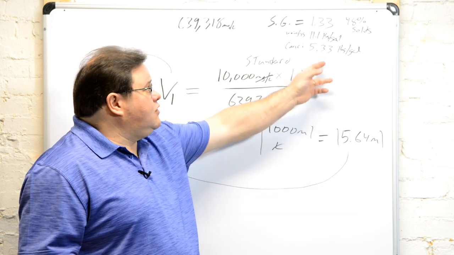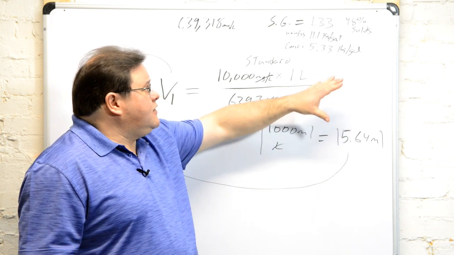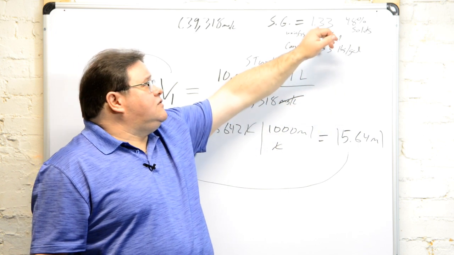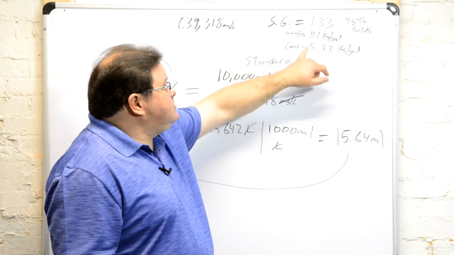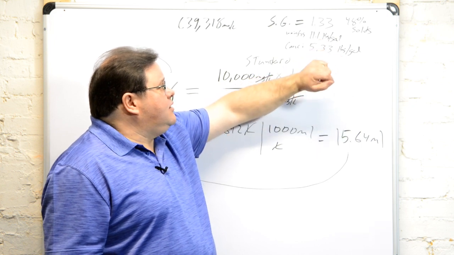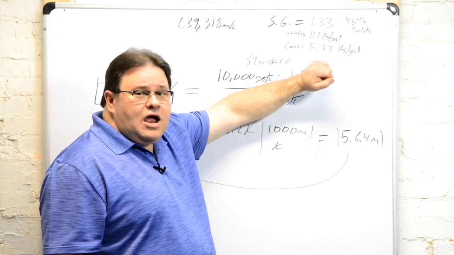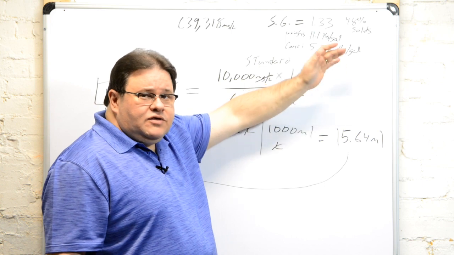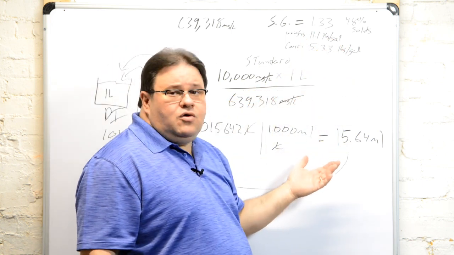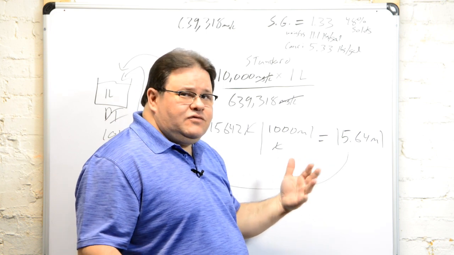I may do some videos with ferric, but this process is going to work the exact same with any chemical. You just need to know the specific gravity. Sometimes you might get lucky and you might already have the pounds per gallon. You might get that from your supplier or a data sheet or the C of A when your load is delivered. Sometimes it has different information on it.